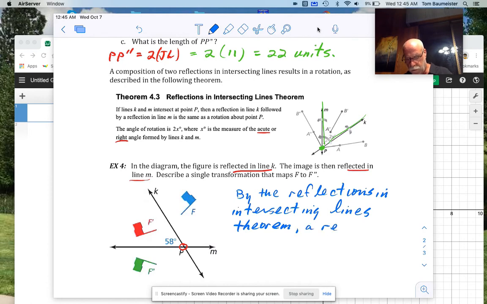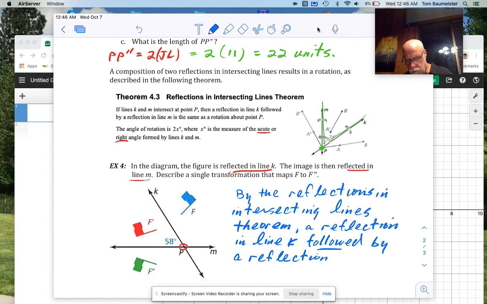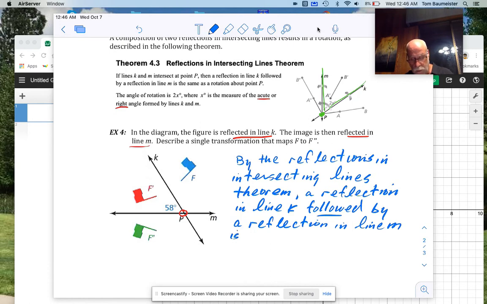A reflection in line K, so basically just stating what the theorem said, followed by a reflection in line M is the same as a rotation about point P. Okay.